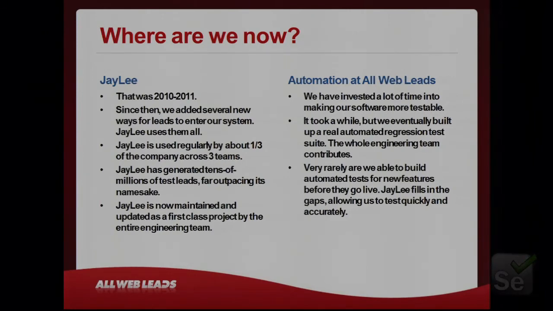The other thing that's changed since 2011 is that JLead has become an actual project supported by the entire engineering team. It started out as kind of almost a hobby, and now it's become so useful to the business that everybody works on it. Everybody adds features to it, especially when they add new things to the system.